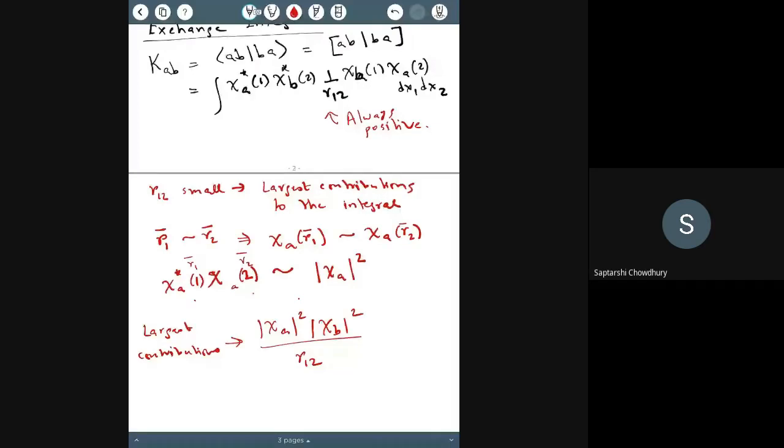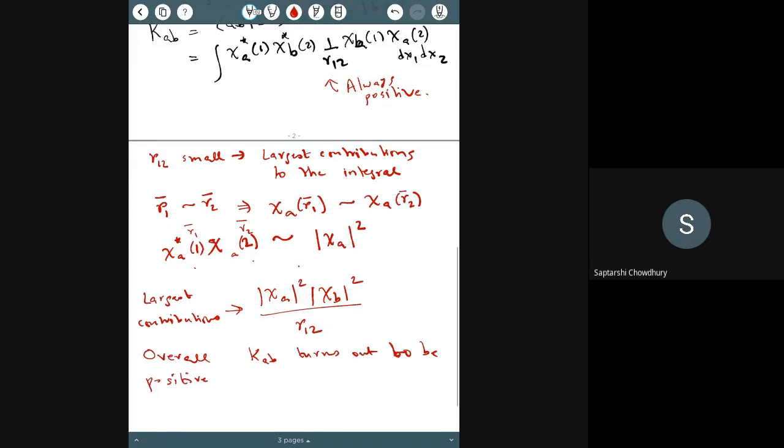So overall KAB turns out to be positive. So this is not a hard and fast mathematical conclusion. This is an understanding of what the integral involves.